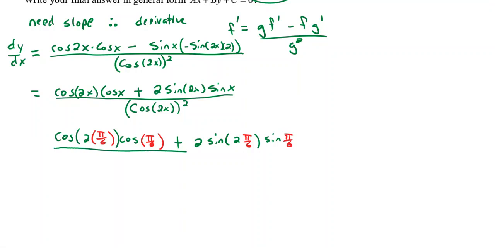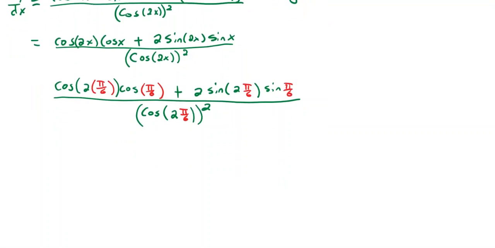And then that is all over cos of 2 pi over 6, and then that's all squared.